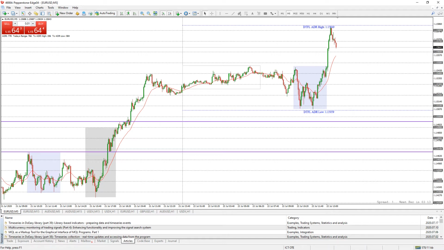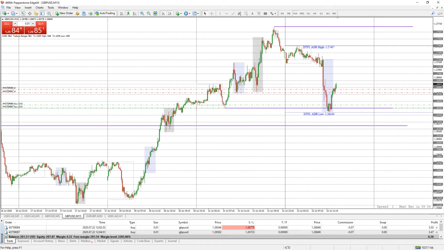But what did I take? The trade I took was actually the pound. Yesterday was a strong move for the pound. Today it didn't take out the high. In fact, it just came back down immediately, and in the London session it took out the low.